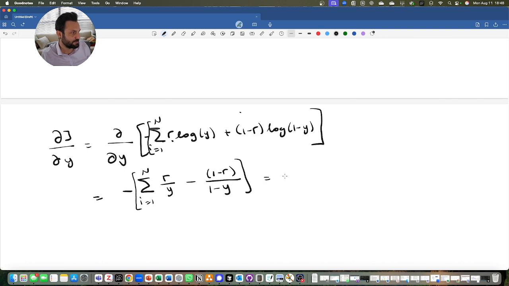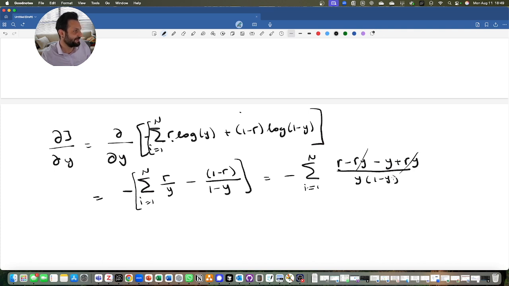Let's make it a little bit more compact. So the sum over i equals 1 to n, so I have y_r, I'm sorry, on the top I have r minus y_r, minus y plus y_i divided by y minus y.